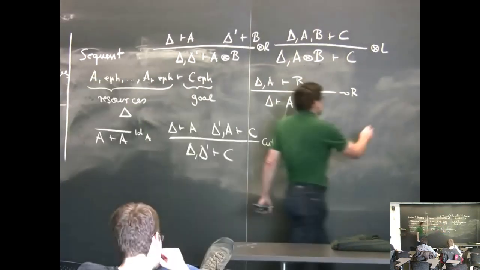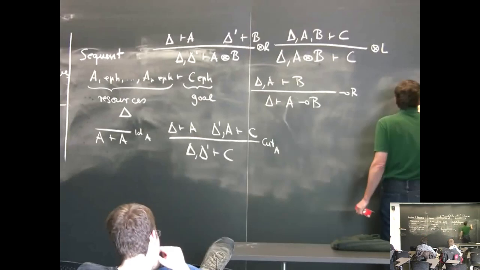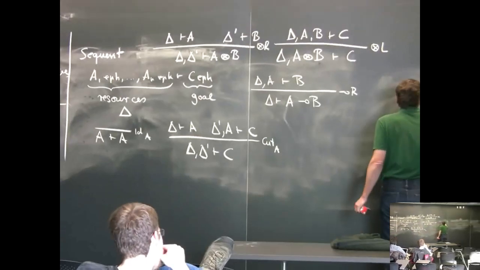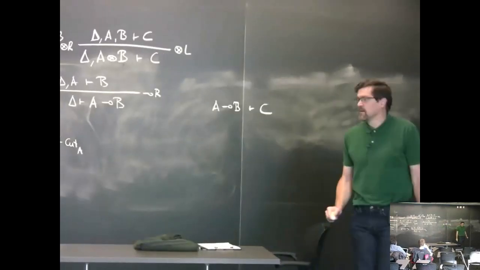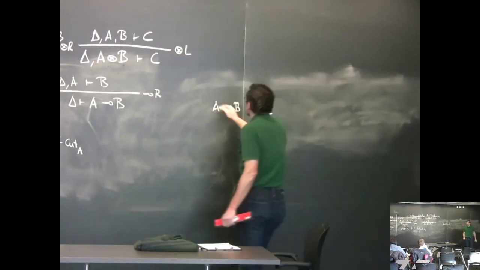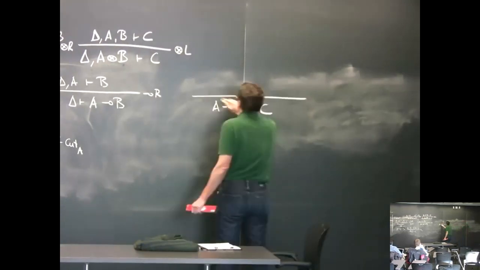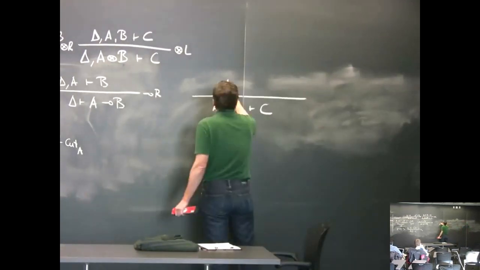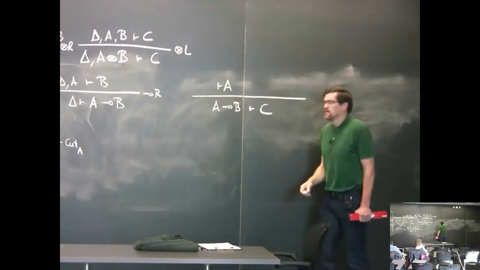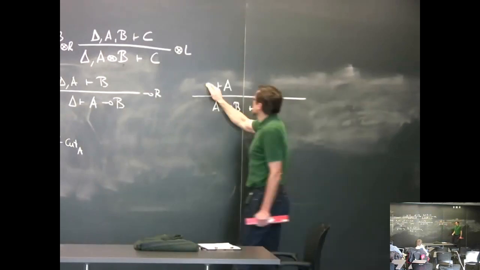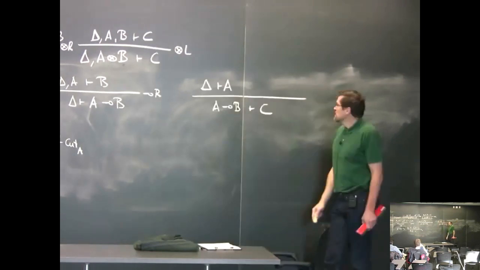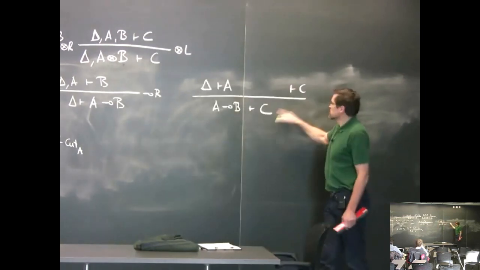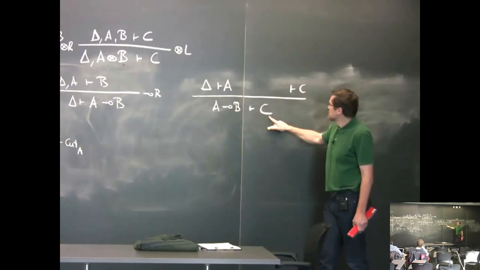So the corresponding left rule: if I have A arrow B as a resource, and I'm trying to achieve C, how do I use that resource? We have to establish a proof of A with some set of resources delta. And then what can I use during the proof of C?